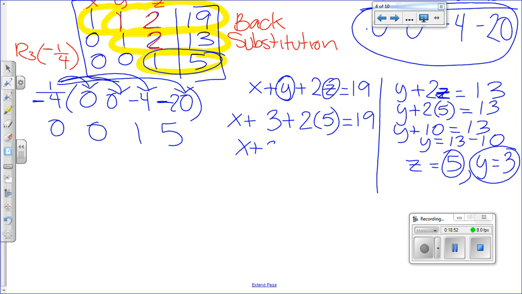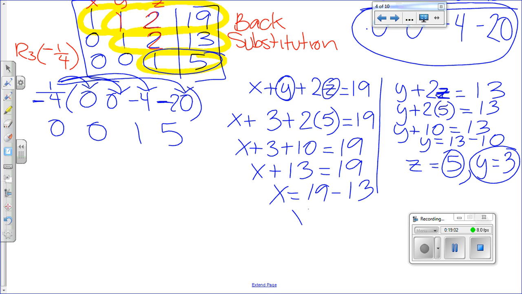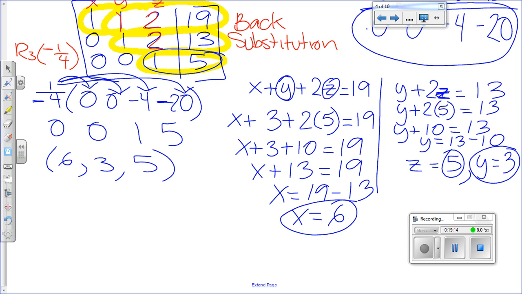So x plus 3 plus 10 is equal to 19. x plus 13 is equal to 19. So x is equal to 19 minus 13. x is equal to 6. And so there you get your solution of 6, 3, 5. A point in three-dimensional space. And that is the intersection point.